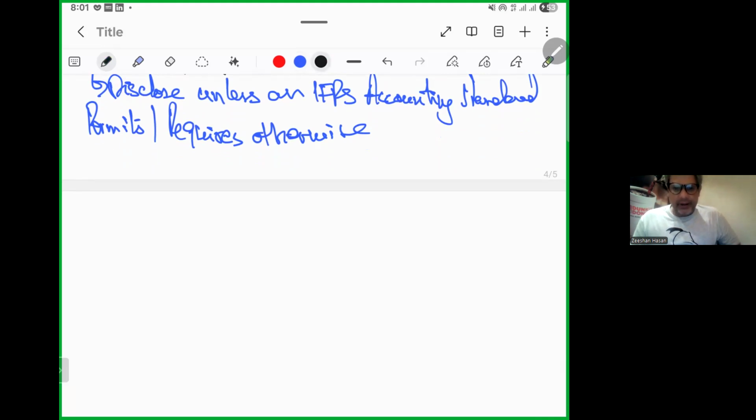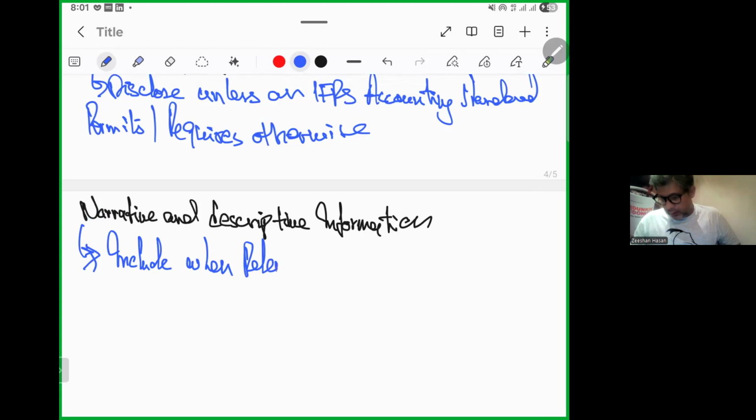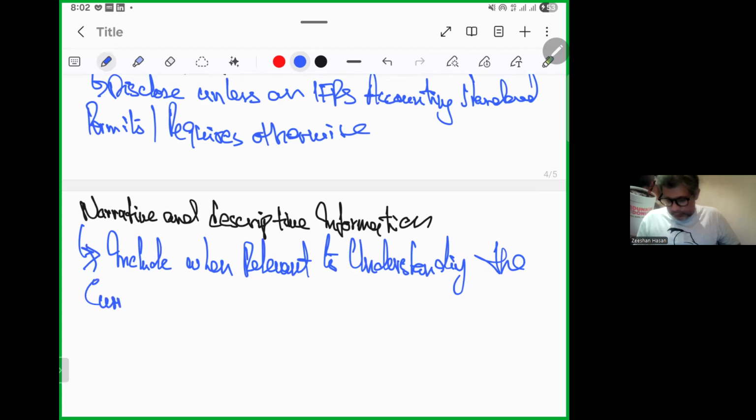As far as the narrative and descriptive information in the preceding period is concerned, it should be included when relevant to understanding the current period financial statements, for example, a legal dispute.